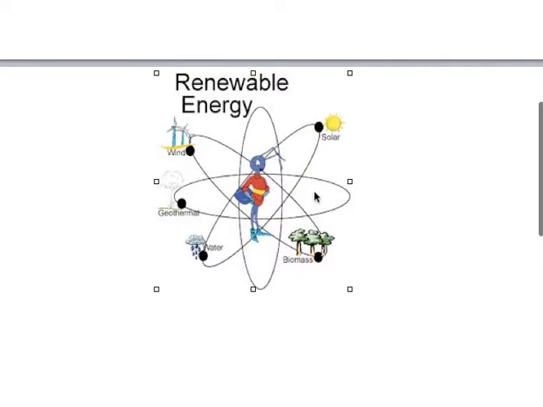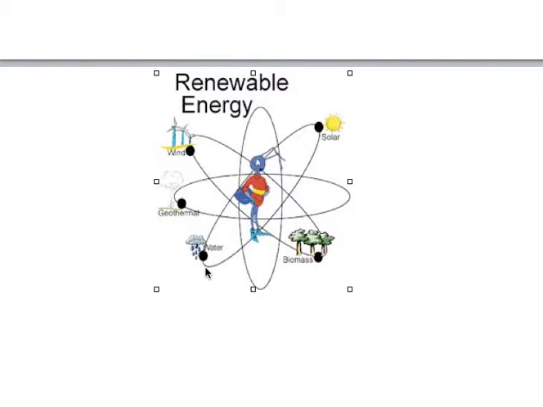Examples of renewable energy are wind energy, geothermal energy, which is basically you have pipes running underneath the ground, and because the ground, as you go deeper and deeper into the earth, is pretty warm down there, it heats the water naturally, and that can help churn a turbine or heat your house.